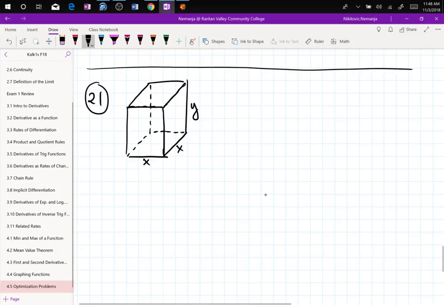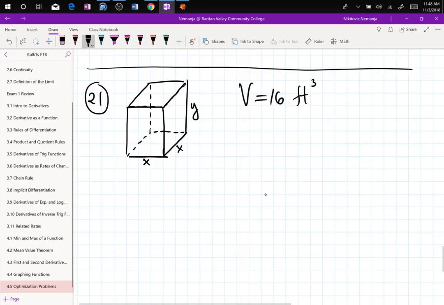If it's not a square base, then you have x, y there, and then z for height. So square base, right? And the volume must be 16 feet cubed. I was about to say inches cubed, but really, 16 inches cubed would be tiny.